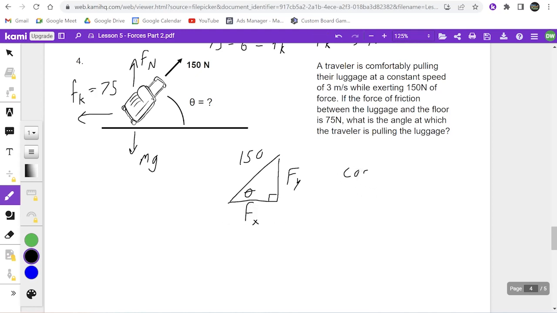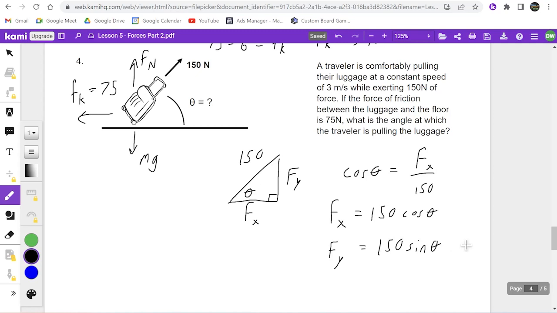Cosine theta equals adjacent over hypotenuse, and then you can multiply both sides by 150. Fx is going to be 150 times cosine theta. If you do the exact same thing for Fy, I'll just do a shortcut: Fy is the exact same thing except times sine theta. You can derive that if you want, but you're going to get here anyway.